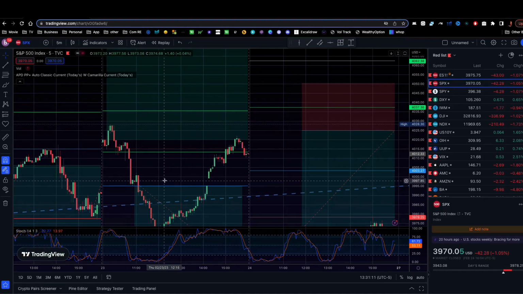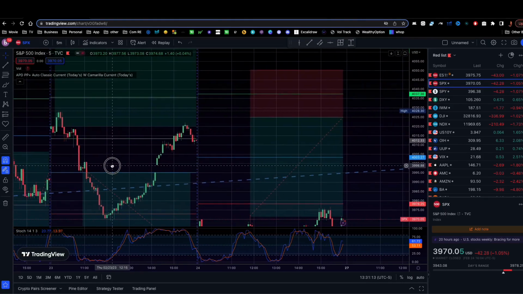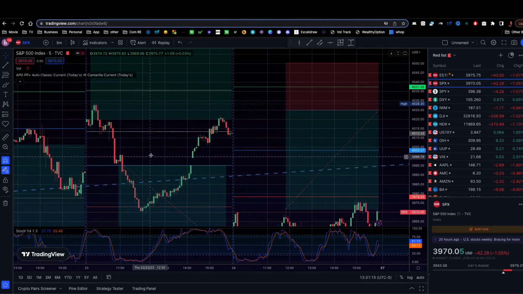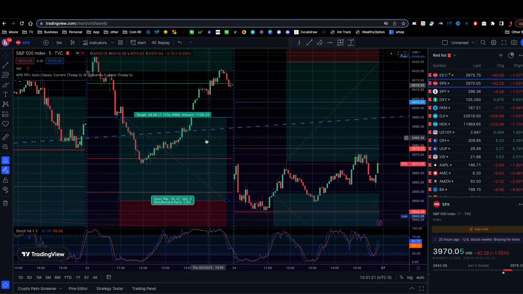Okay. And then, as I mentioned, I'm also looking at my pivot points as areas of support and resistance. So here is a pivot point, and as a matter of fact, that's why I kind of stayed in this trade. I wanted to see if the market was going to honor this particular pivot point. Now, had the market gone 5 points lower, I would have exited the trade, but it didn't.